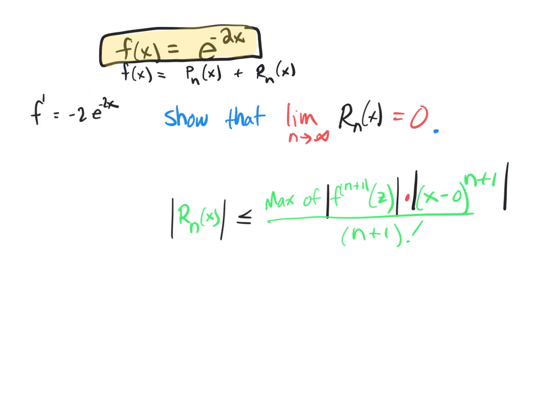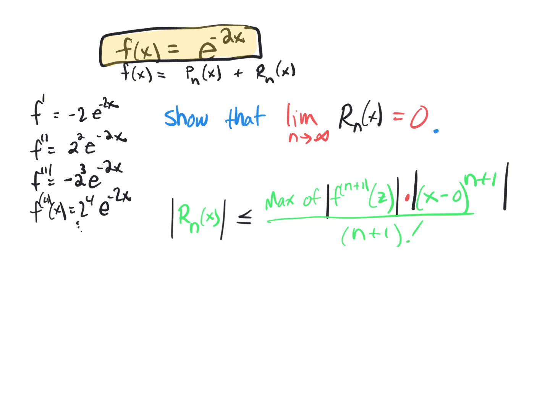There's f prime, there's f double prime, then f triple prime is negative 2 to the third e to the negative 2x, the fourth derivative. Again, the derivative of e to the negative 2x is just e to the negative 2x. And then using the chain rule, we have this constant of negative 2 to the thirds, but the derivative of this is negative 2. So negative 2 times negative 2 to the thirds is positive 2 to the fourth.